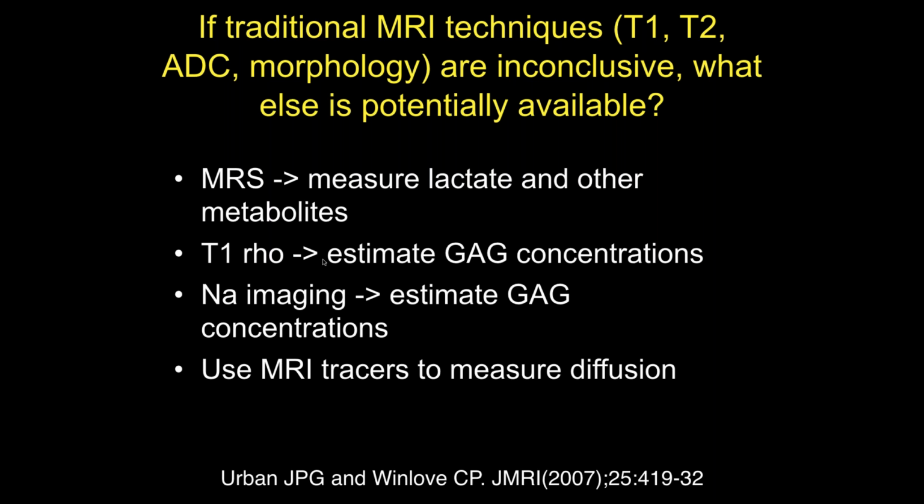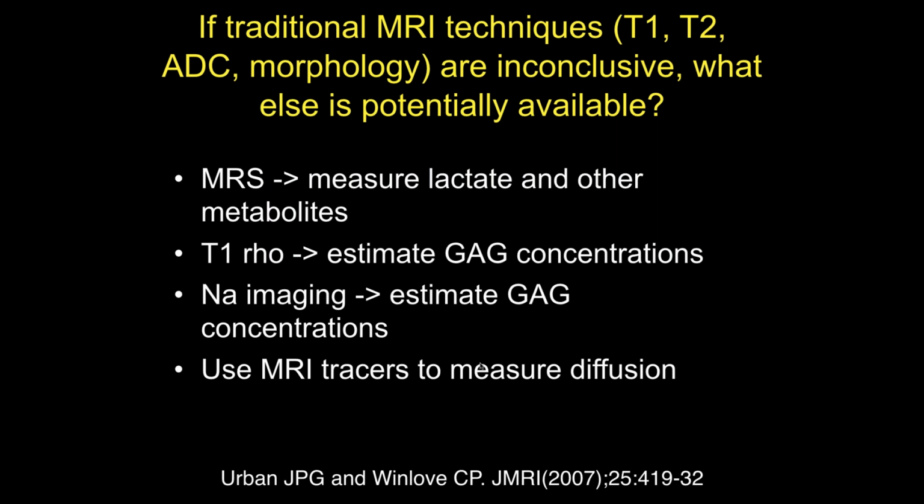The other thing to look at are T1 rho measurements of the discs. They estimate glucosamine concentration. Some people have looked at sodium imaging, but that requires completely different coils and a different imaging frequency, and it's very hard to get good signal to noise. You have almost a factor of 100 decrease in signal to noise compared to hydrogen spectroscopy.